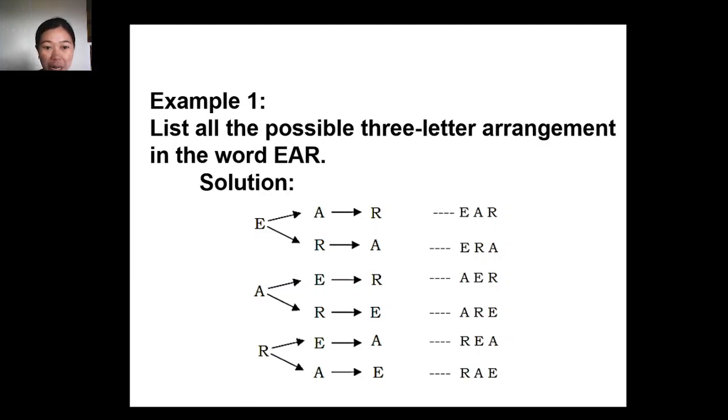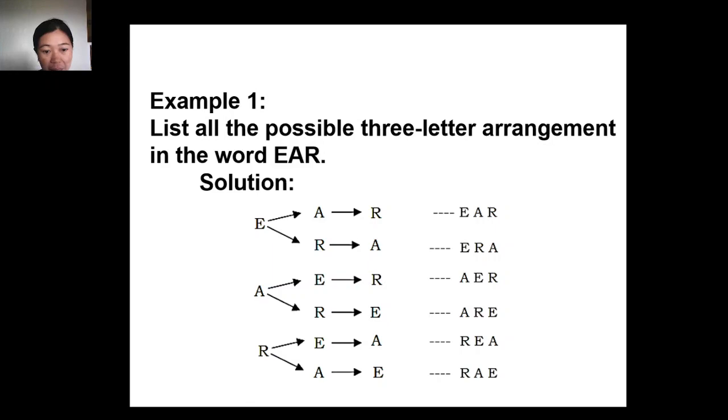Another one, first letter is E, second letter is R, third letter is A, the word is era. Then if the first letter is A, the second letter is E, the third letter is R, so we have A, E, R. And then if the first letter is A, second letter is R, third letter is E, then we have the word are.